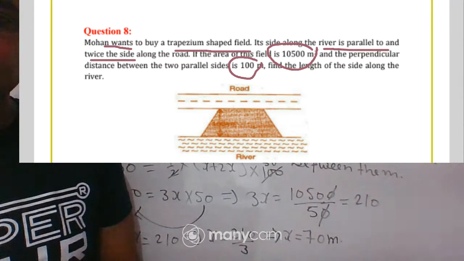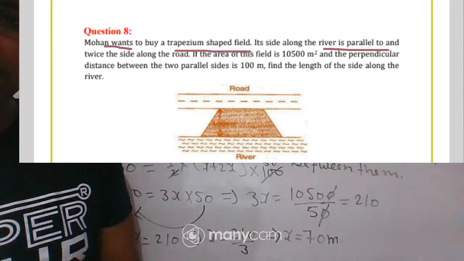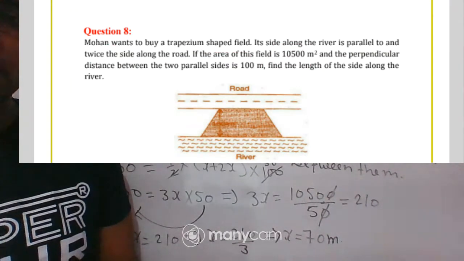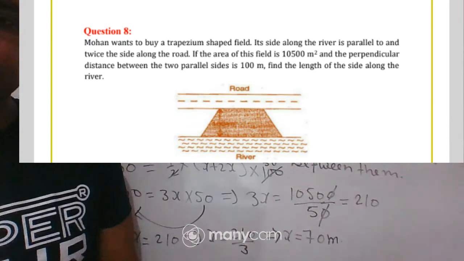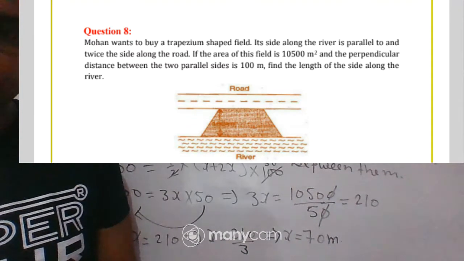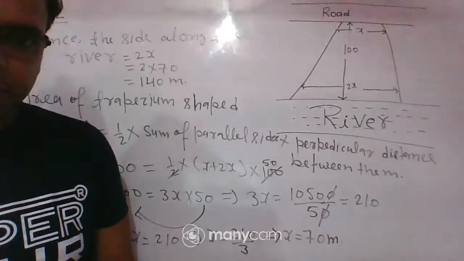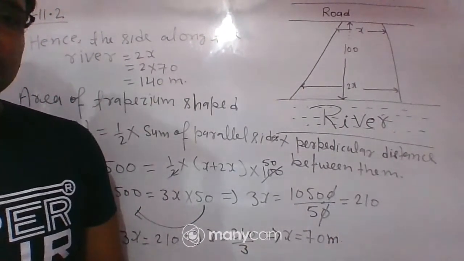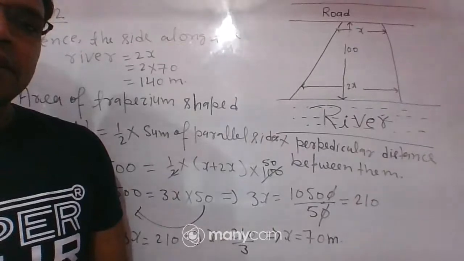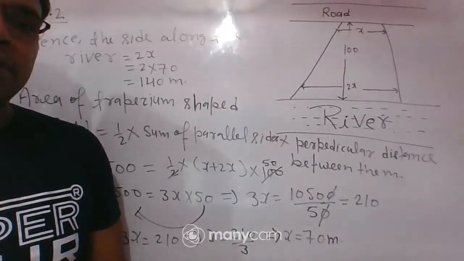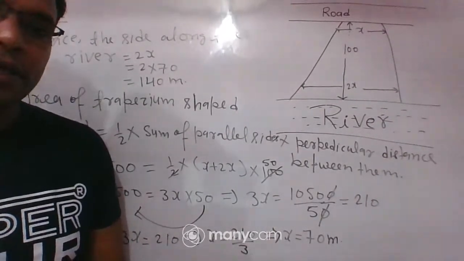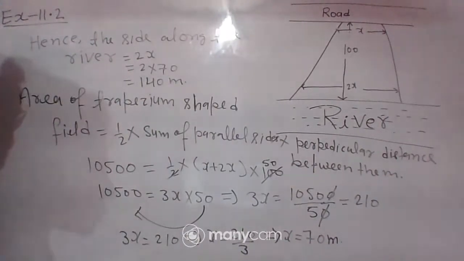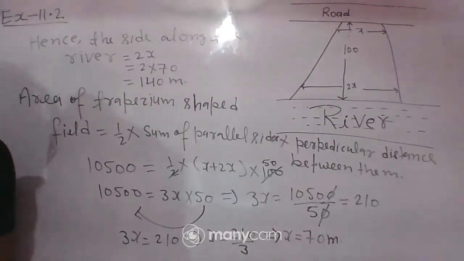So in this way, from the given information, we find the side along the river is 140 meters. Now let's see the next question.